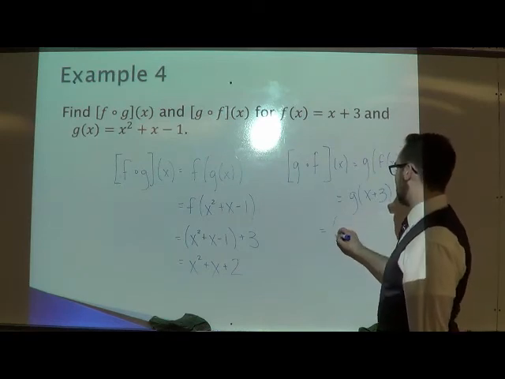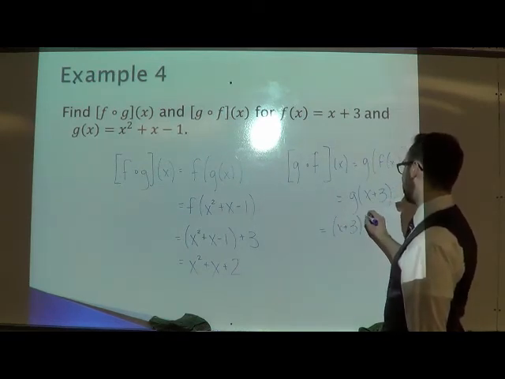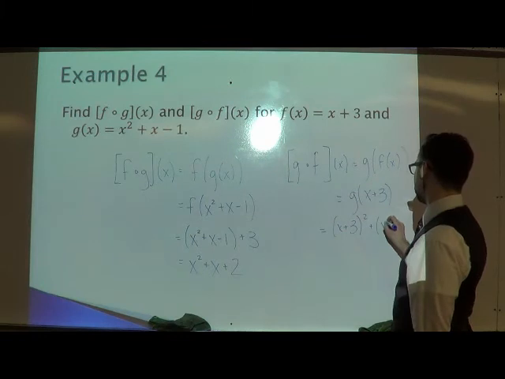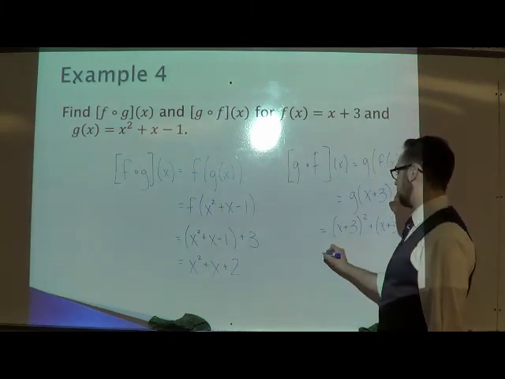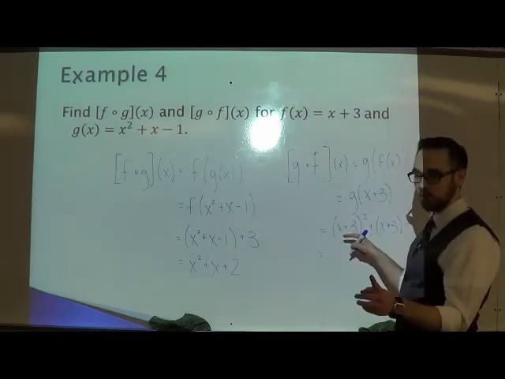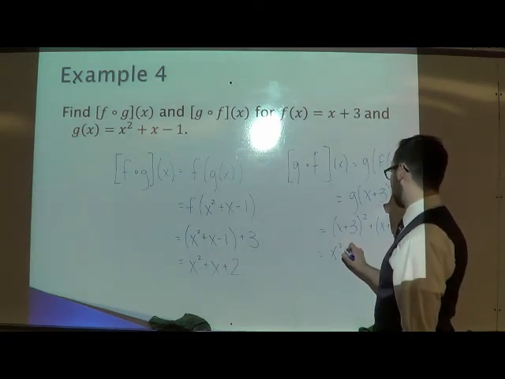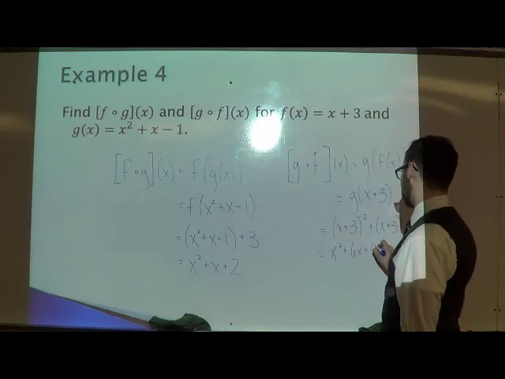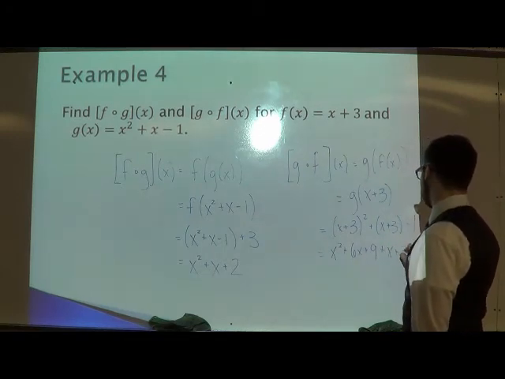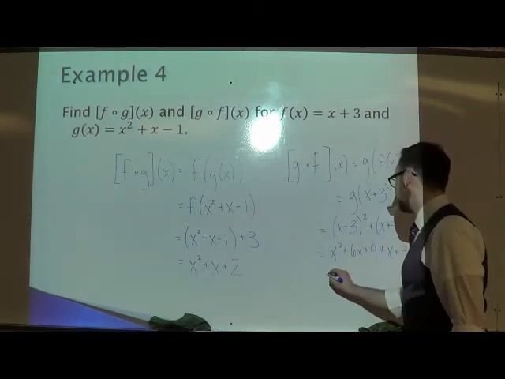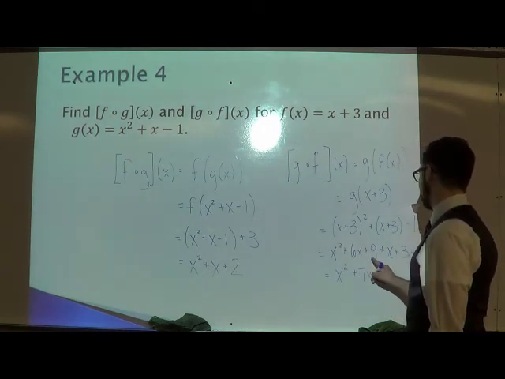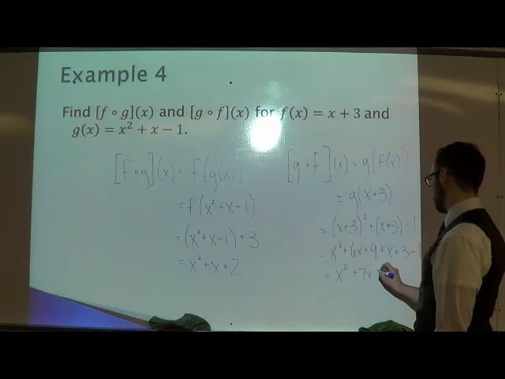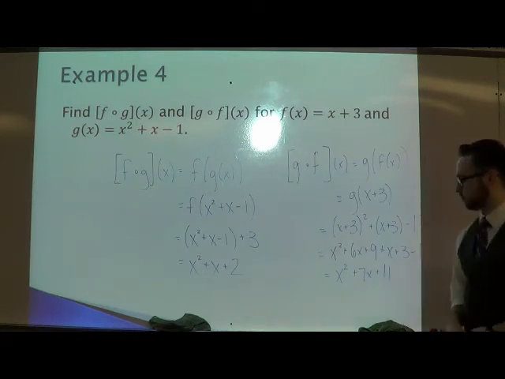So in G, I'm going to have x plus 3, the quantity squared, plus x plus 3 minus 1. Square that. Remember, that does not distribute. You FOIL. X squared plus 6x plus 9 plus x plus 3 minus 1. Combine like terms. X squared, 6x and x is 7x. 9 plus 3 is 12, minus 1 is 11.